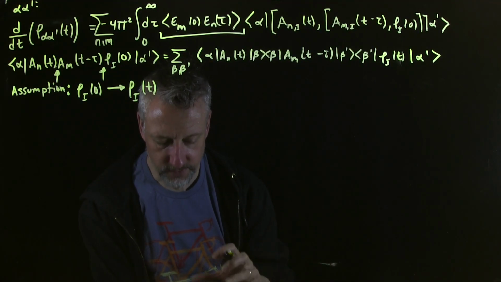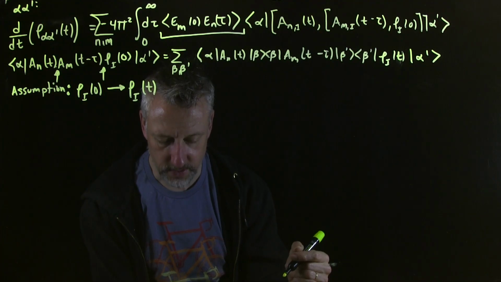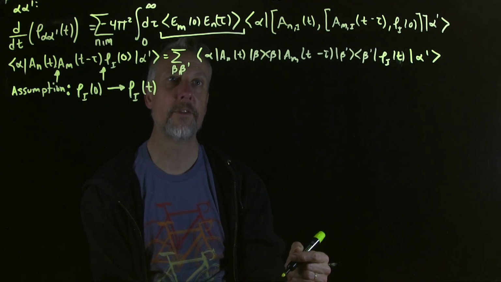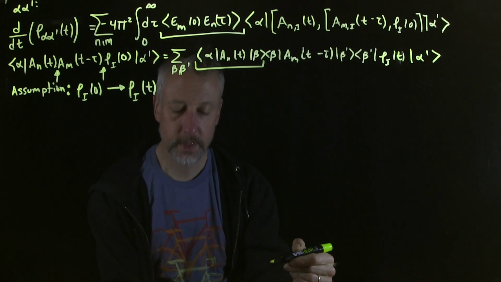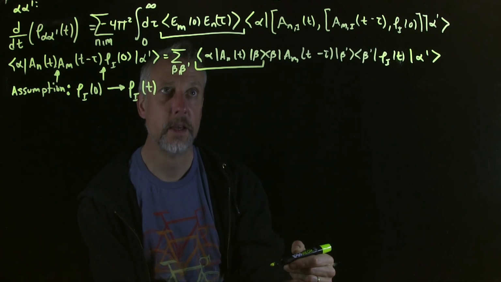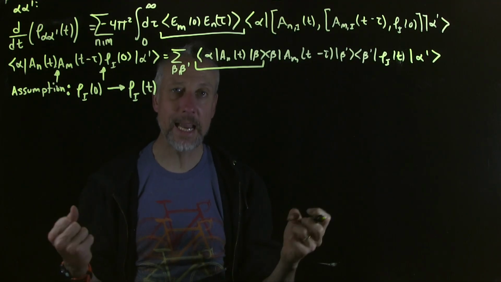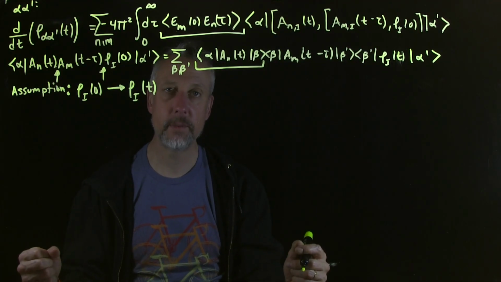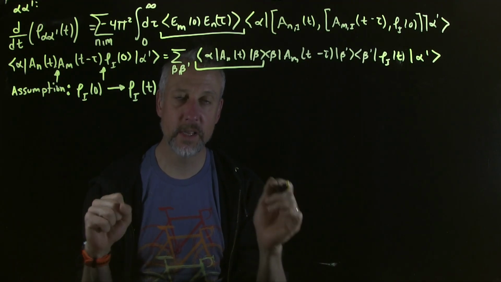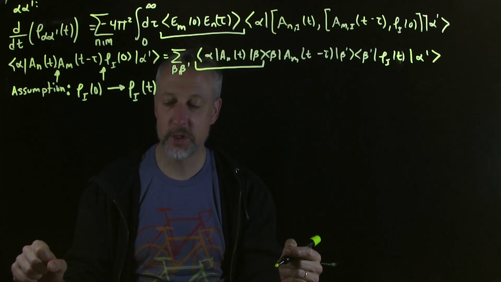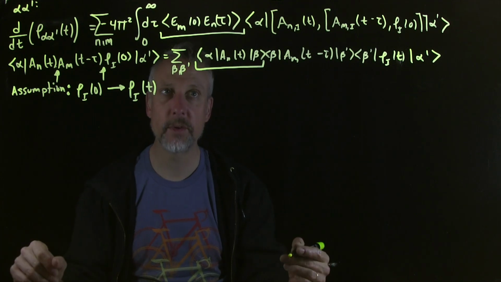Okay, so we have this first term, this first matrix element. Let's look at the very first term of this. Okay, what is this first term? So what we're going to do is we're backing out of the interaction picture. Right? We start the interaction picture because it's a convenient way of doing the splitting between the H0 and the HR Hamiltonian.